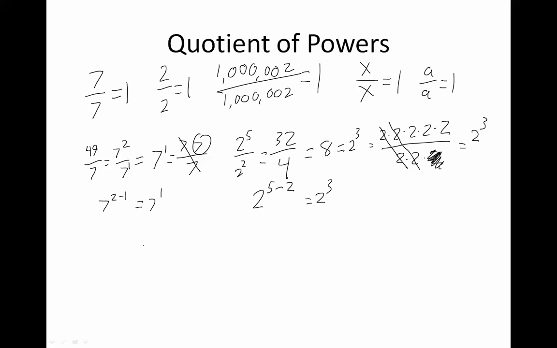If you have like bases, a to the m over a to the n, the division of these two variables is a to the m minus n. In other words, if we're dividing variables, we subtract the exponents.